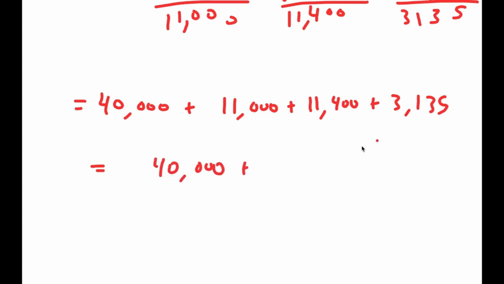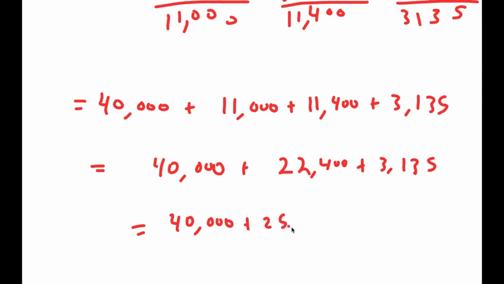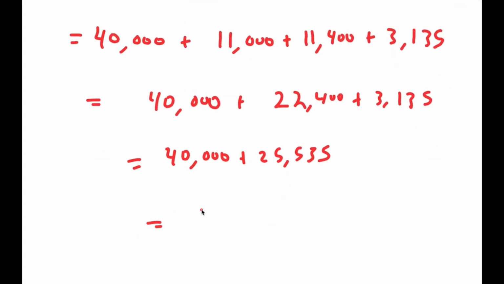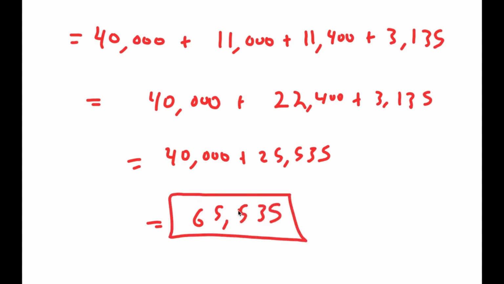And 22,400 plus 3,135 is 25,535. So 40,000 plus 25,535, which is equal to 65,535. So this is my answer.